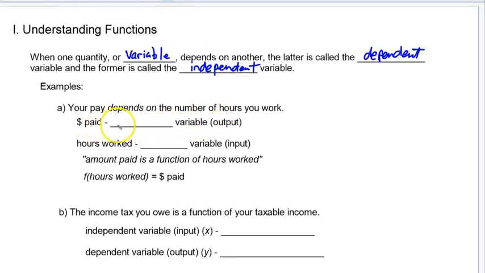So the amount that you eventually get paid, the salary or whatever you want to call that, your paycheck, that's going to be the dependent variable. Because we don't know what that amount is unless we have a certain number of hours to plug in and calculate. So the number of hours that you worked is the independent.